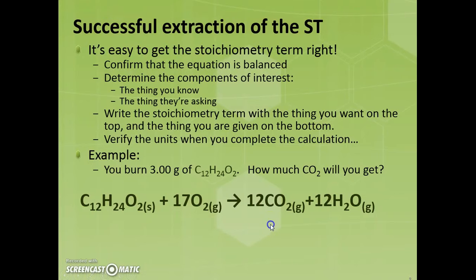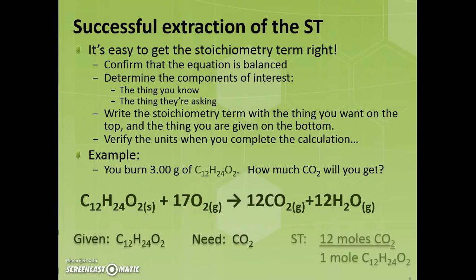All we have to do from there is simply take the coefficients for each one, 12 for the CO2 that we need, and 1 for the carbohydrate, and we have our stoichiometry term: 12 moles of CO2 for every 1 mole of our combustible material.